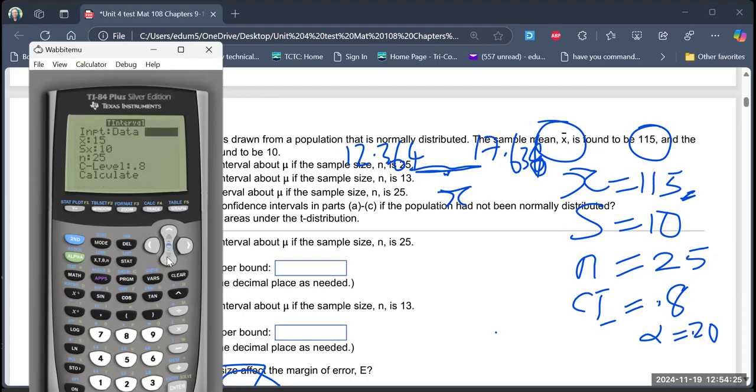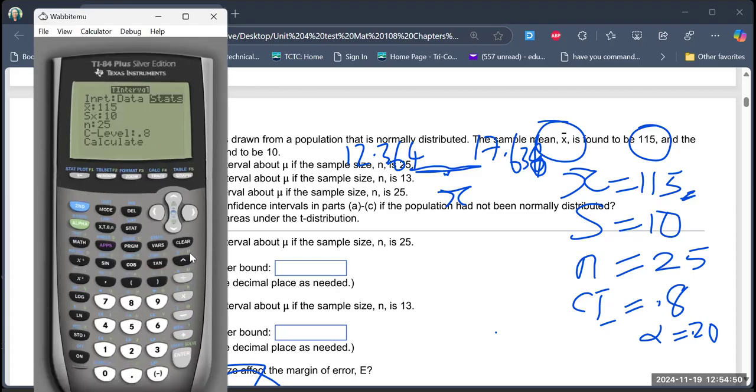Okay, see, X bar is 15. It's supposed to be 115. Sorry about that. X bar is 115. I put 15 there. 115 makes more sense now. And standard deviation is 10, and sample size is 25.